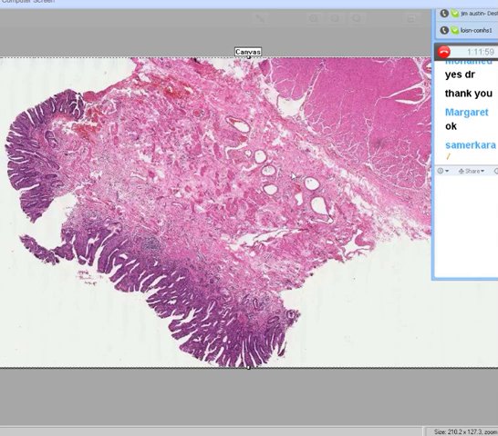I mean, you might have a little bit of a hard time figuring out whether this was stomach or large bowel because you don't really see all the muscle too well. But the first thing you would say was, this is not esophagus. Right? But what if I told you this was esophagus? You would say, well, what the hell is intestinal type mucosa on an esophagus that should be squamous?